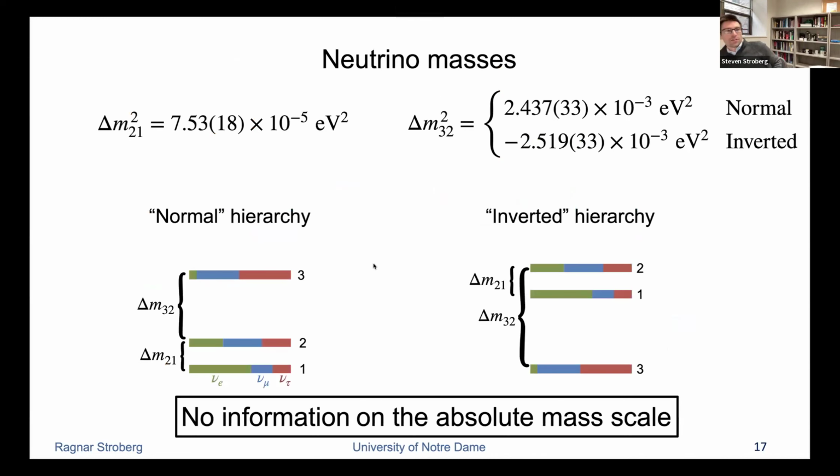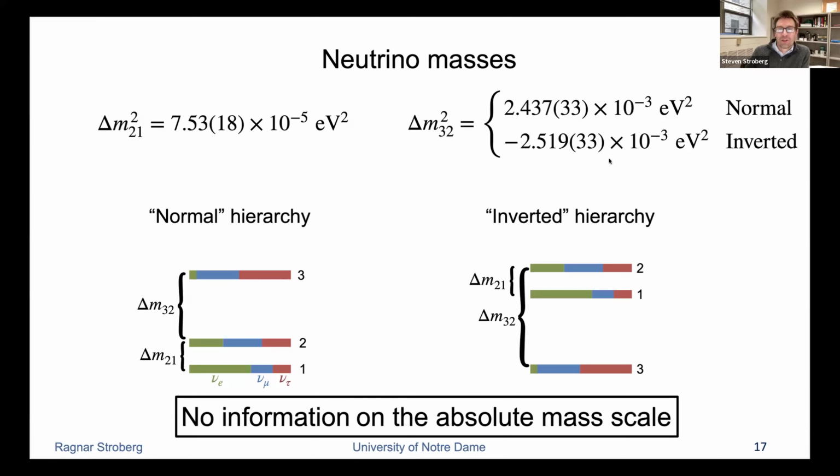And so based on that and some reactor experiments and looking at atmospheric neutrinos, people have worked out that you're sensitive to the difference in mass squared between different neutrinos. So they've worked out that the difference between, say, mass 2 and mass 1 is small, and that the difference between mass 3 and mass 2 is also small, slightly bigger.